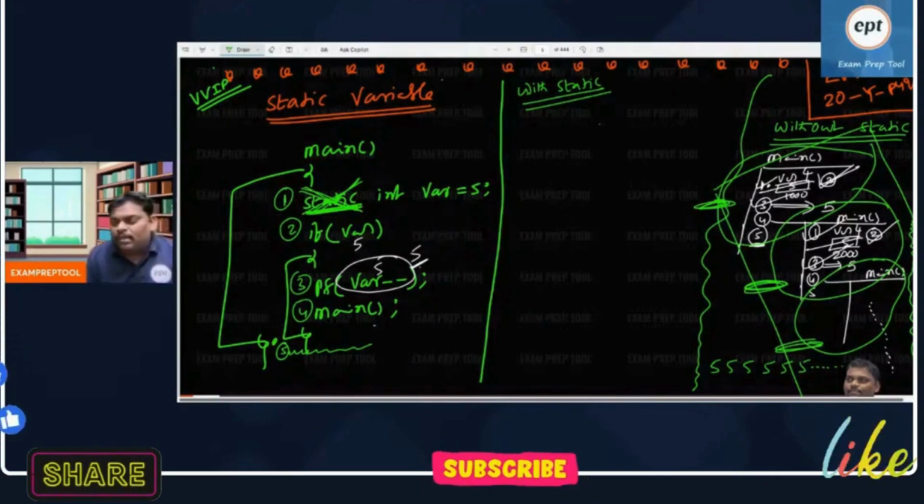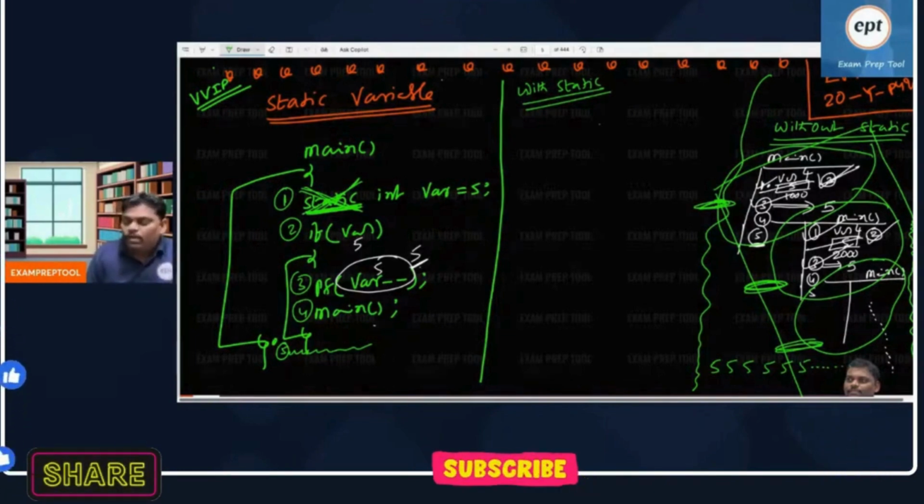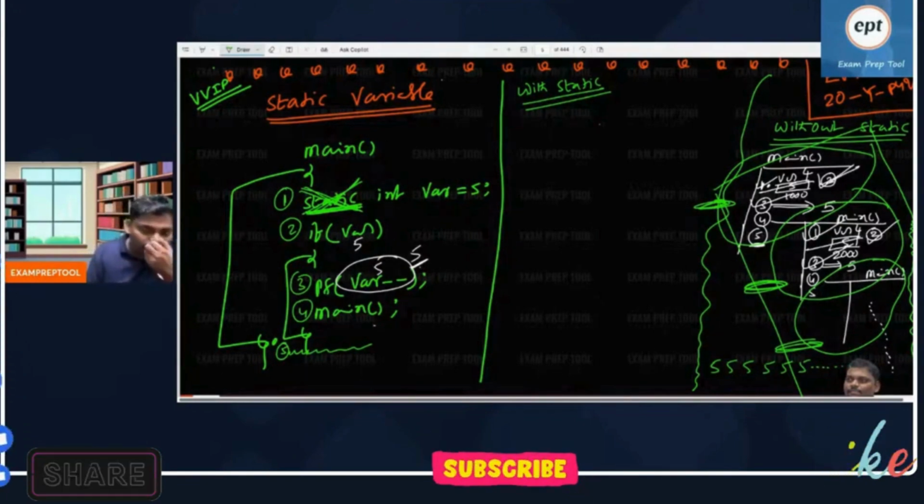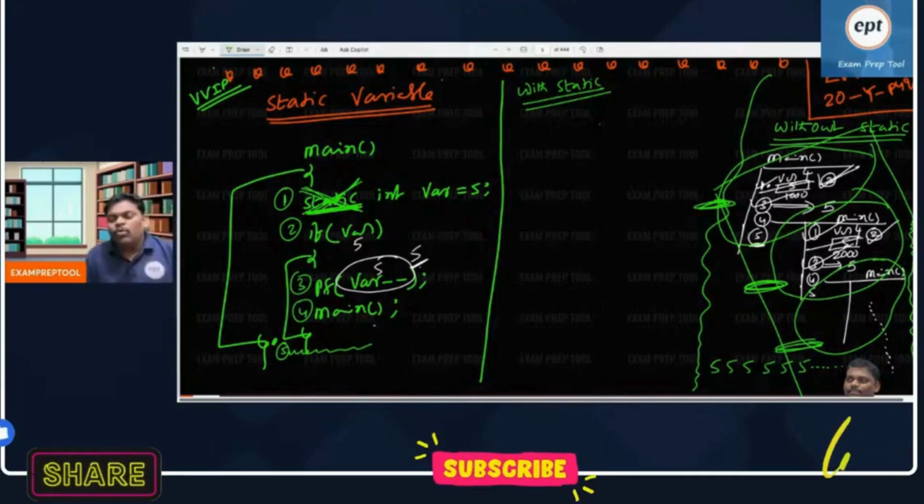If some people are asking, sir, it is not runtime, it is compile time, then if it is compile time, how is it pushing onto the stack? You don't push anything at compile time. When you say pushing onto the stack, running is going on. Then why did they divide it? You cannot go whatever way you want.